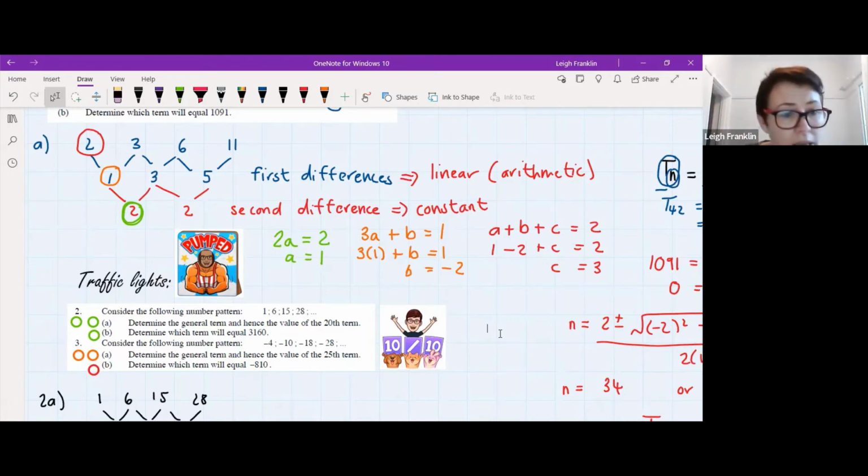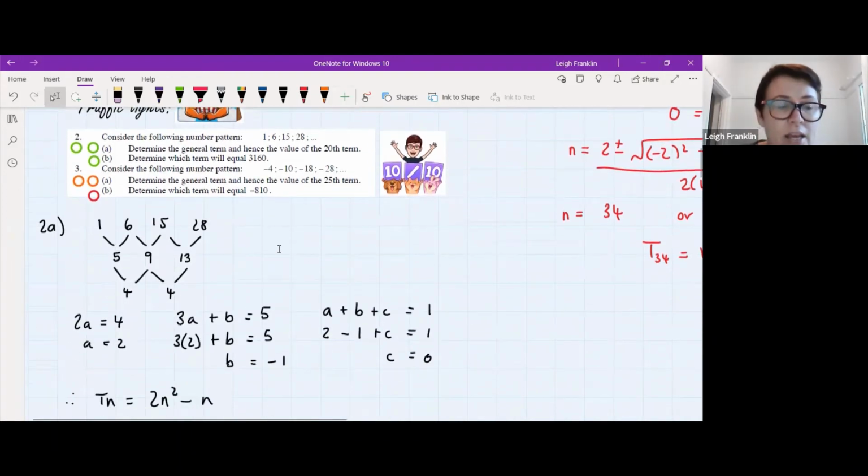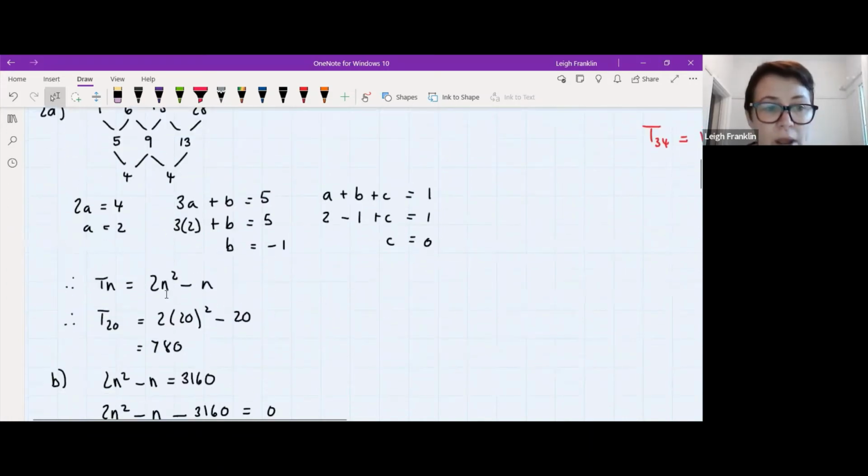Here we go. If you did question number 2, here are the answers in black. You should have discovered that A was 2, B was -1, and C was 0, in which case your nth term was 2n squared minus n. They wanted you to calculate the value of the 20th term, so you should have subbed in 20 and got 780.